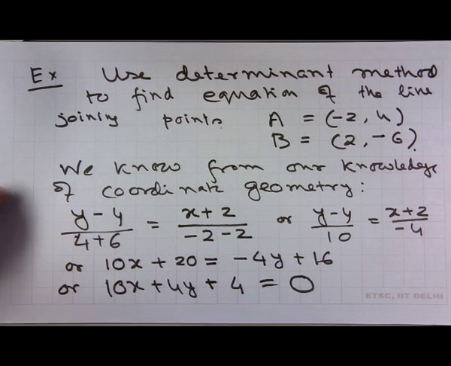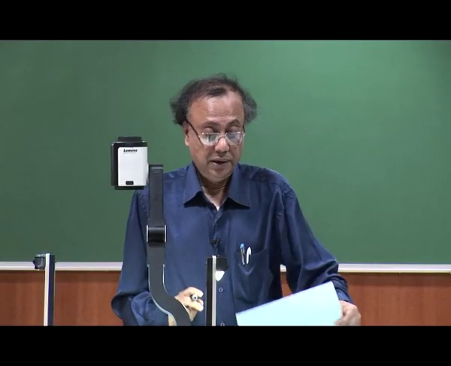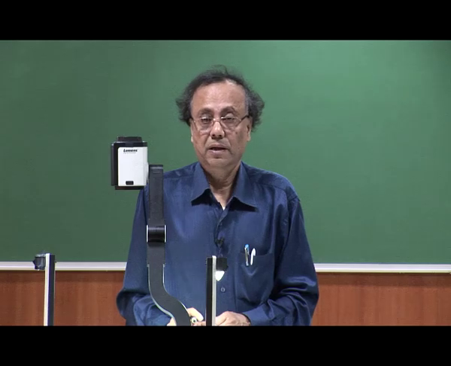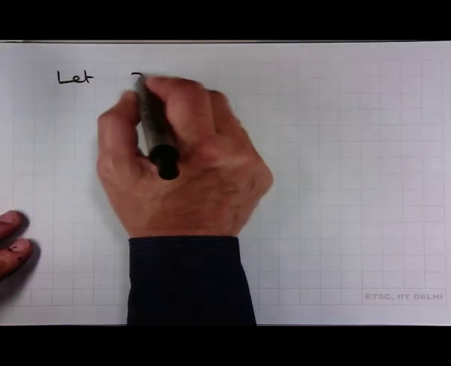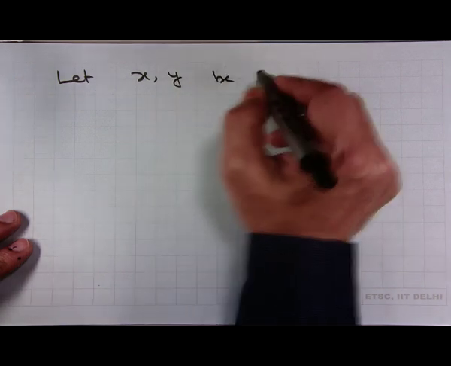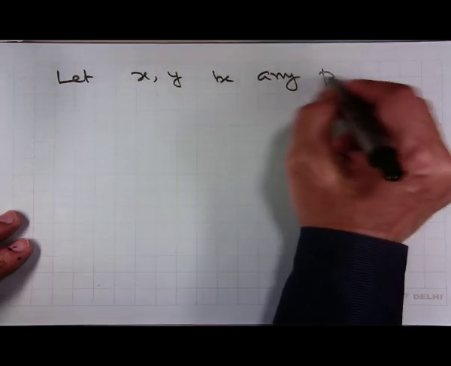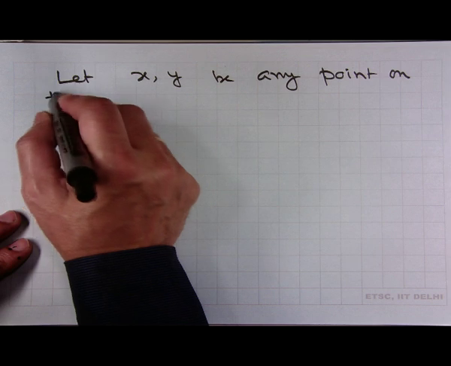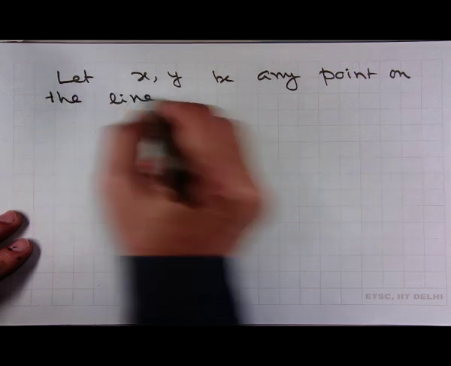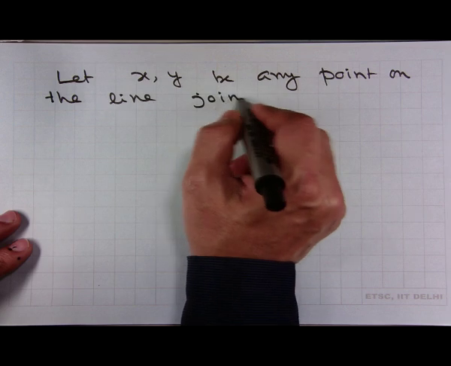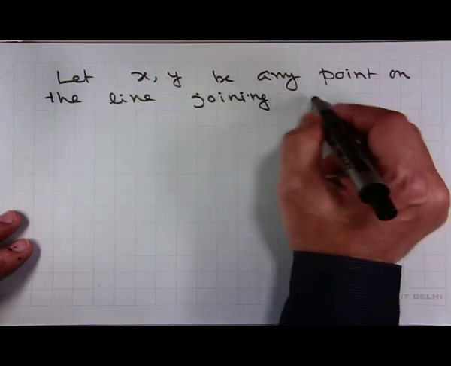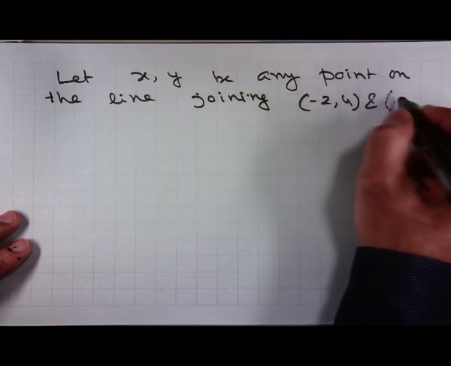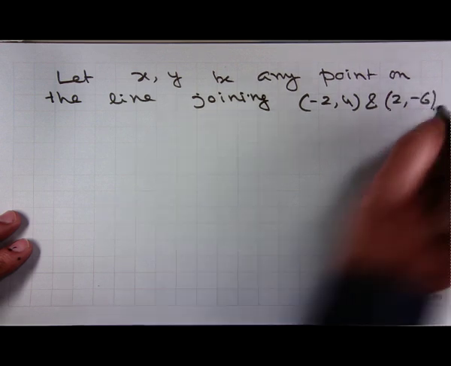This in any case we know, but now we do it using determinant and see whether we get the same result. So, let (x, y) be any point on the line joining (minus 2, 4) and (2, minus 6).